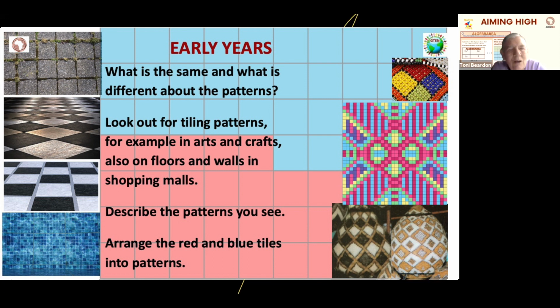And so if you've got children, show them these patterns, or you'll go to your shopping mall and see some paving, you might stand in different places and remark about what the pattern looks like from here. We will give you the resources that you can use and print them, or you can just make your own tiles with scrap cardboard and make patterns with them.